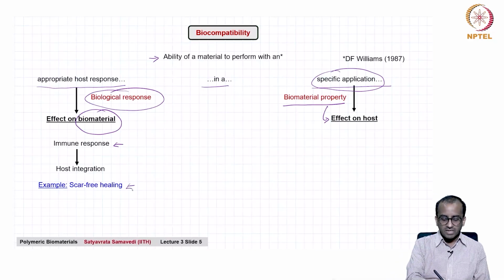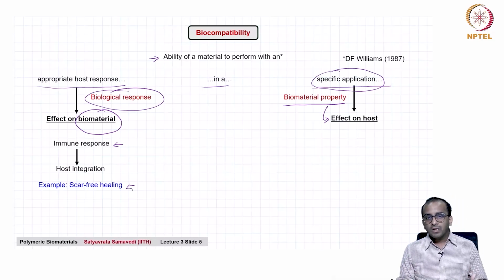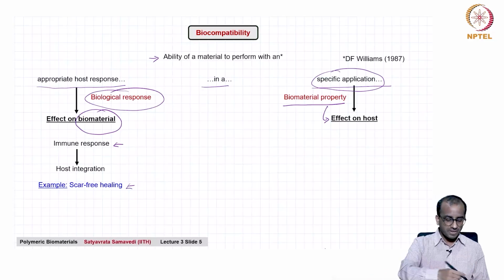One example of that is scar-free healing, where there may be an initial injury or at the surgical site because of incisions and so on, but once all of that is closed up with time, you don't want permanent scars to form, right. So, that is one example of the body reacting to the implanted material, recognizing that a new material has been implanted, but then with time integrating it into itself.